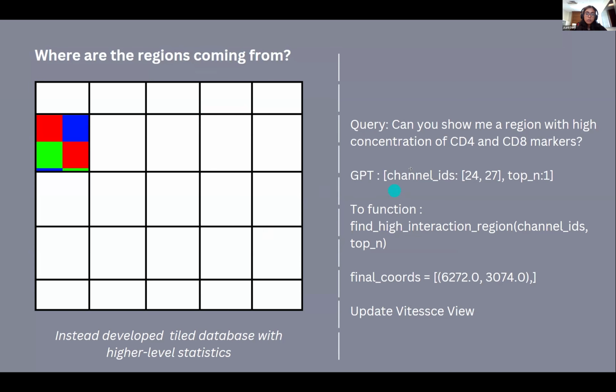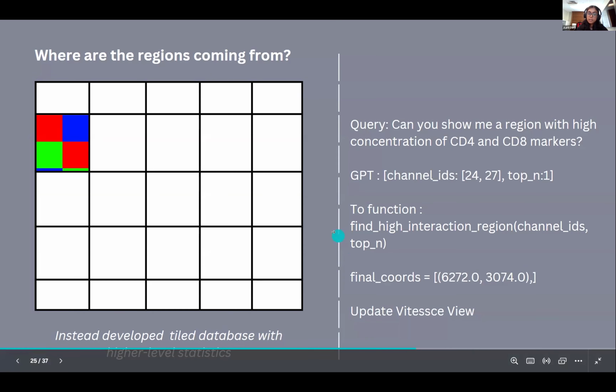An example of this: if a user asks, can you show me a region with high concentration of CD4 and CD8 markers, GPT will look up those channel IDs and the region. It will pass that to my function, and then that function will return the XY coordinates of those interesting regions, and update that in Vitessce.